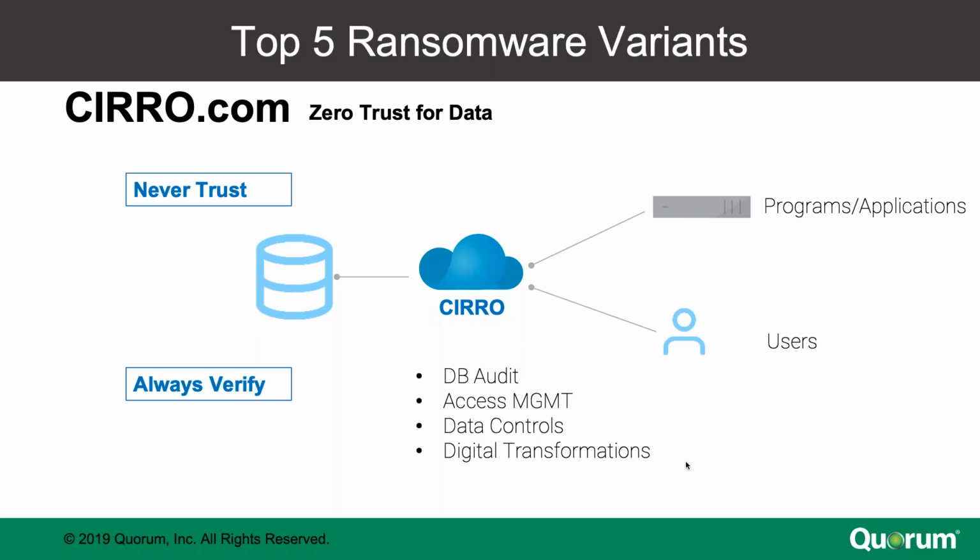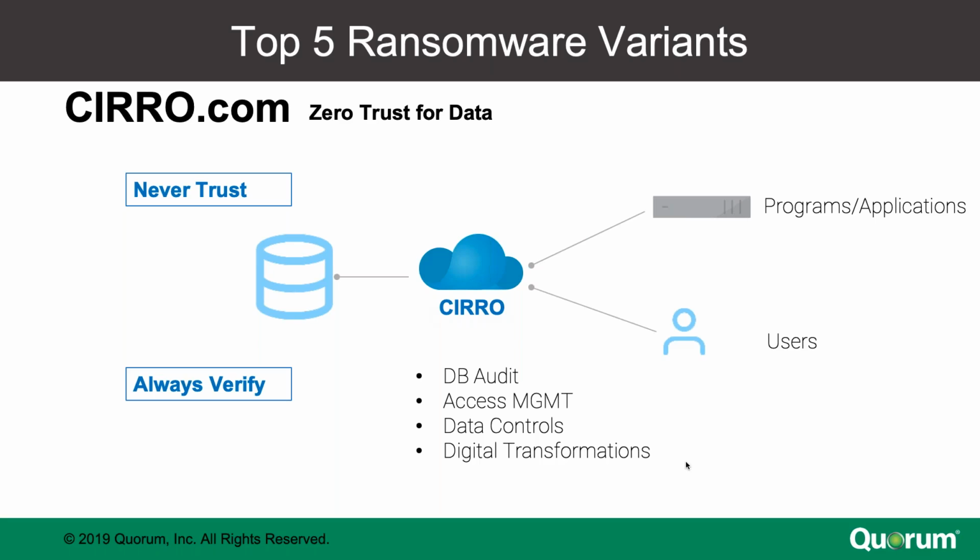From that verification, we now get a full live stream into what's happening on the database. We can do a database audit for security and compliance. I can show you a live connection log of who and what is accessing my data. And from that information, I can do risk scoring. I can say, hey, I've got a bunch of shared accounts or service accounts that I didn't know about. Let's go ahead and make sure that those don't become a problem and a reason for a data breach.